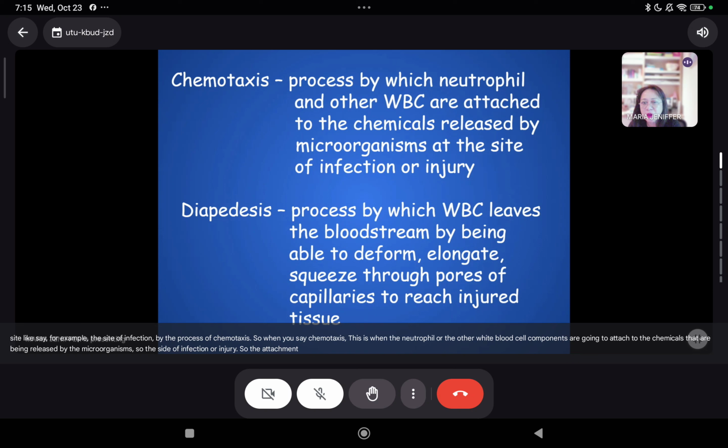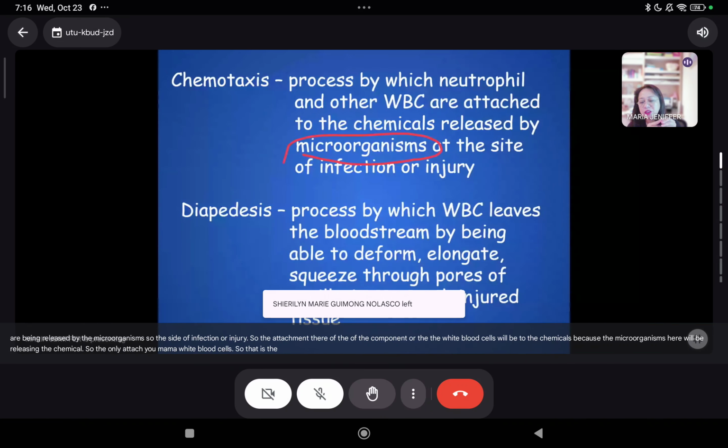The white blood cells attach there. So that is the process called chemotaxis.